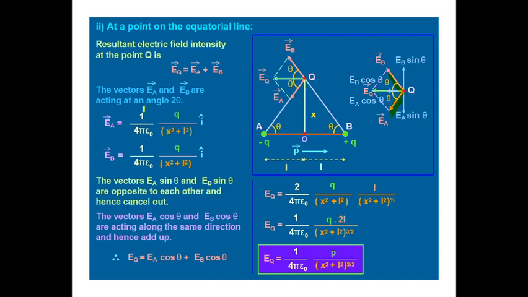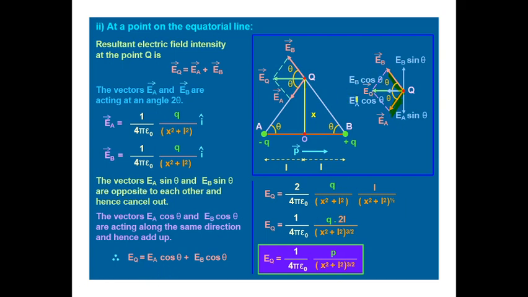Both magnitudes are the same, but their directions are along the sides of the parallelogram. By the parallelogram law of vectors, the resultant is EQ along the diagonal. EB sin theta and EA sin theta are equal and opposite vectors, so they cancel out, and the resultant electric field is along the diagonal of the parallelogram.